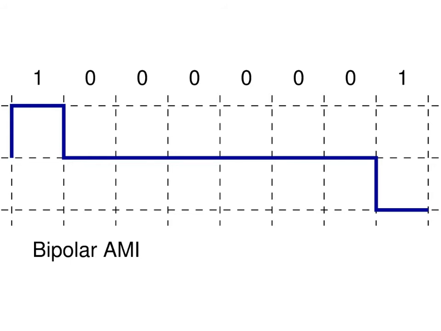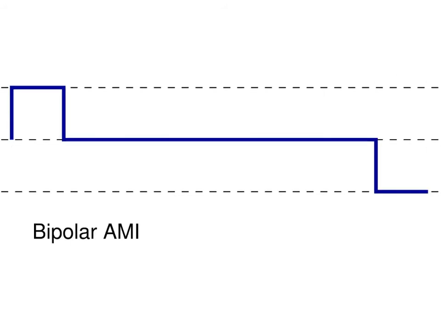We transmit this across our communication system, and the receiver receives it. One of the problems with some of the schemes, including bipolar AMI, is that when we have such a long sequence of zeros, it's hard for the receiver to determine where the next bit starts.